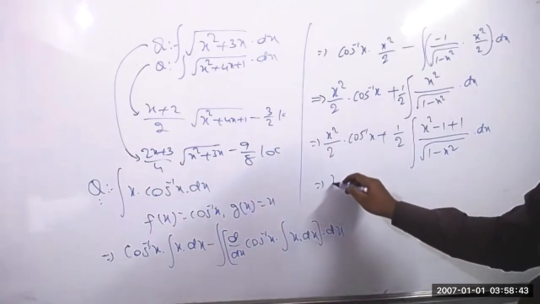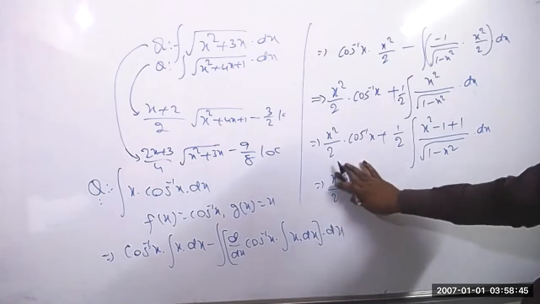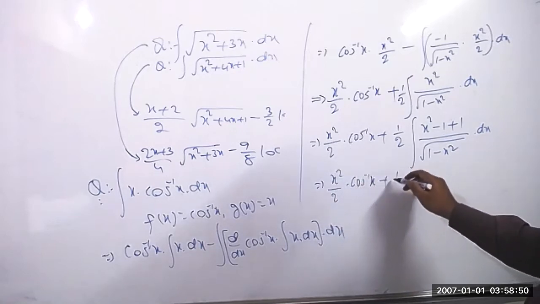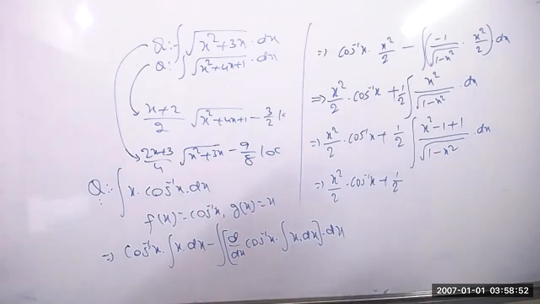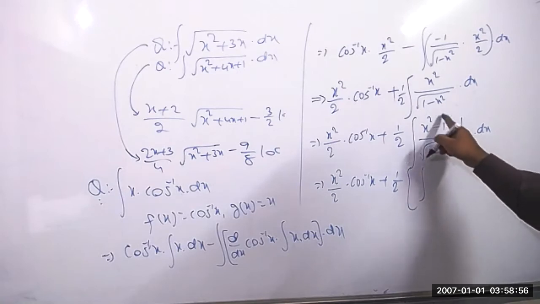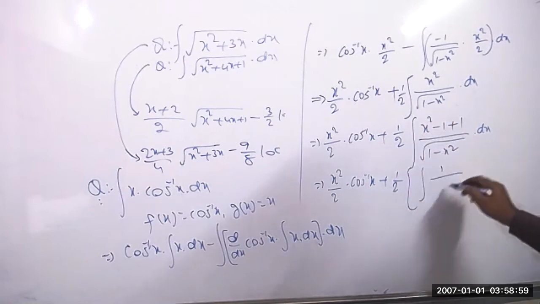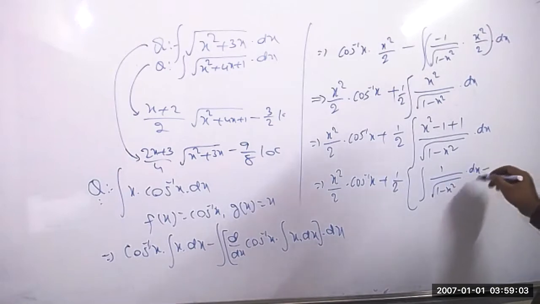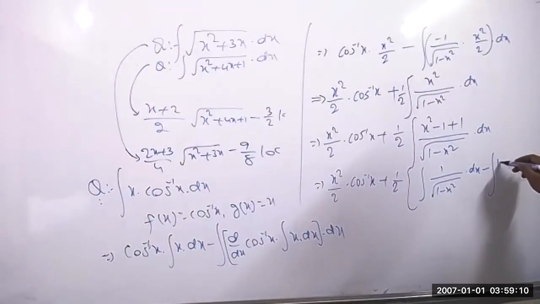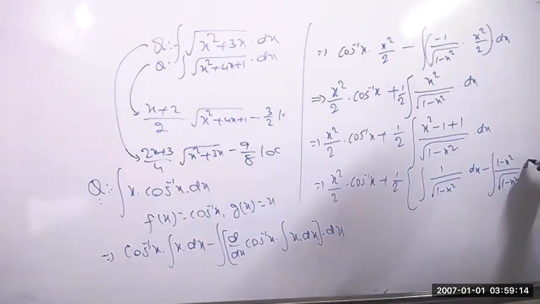Now take separately: 1 by root of 1 minus x square dx as one term, and from the other two terms take minus common, giving root of 1 minus x square by root of 1 minus x square dx.